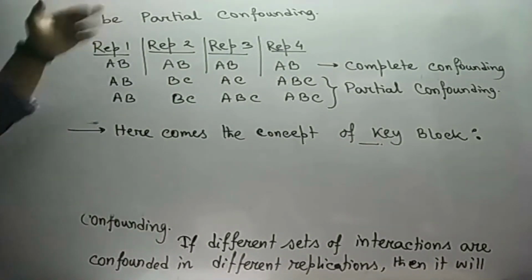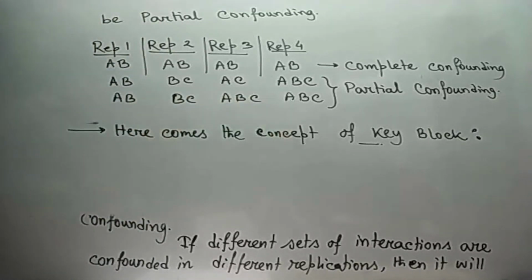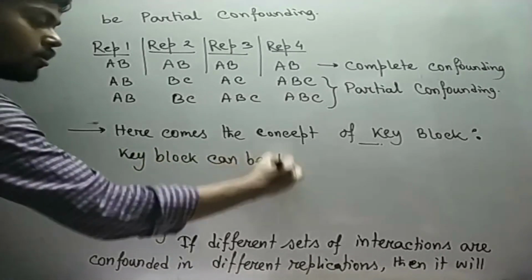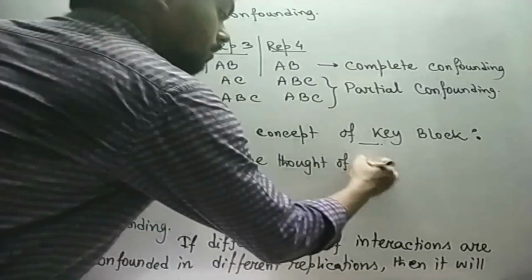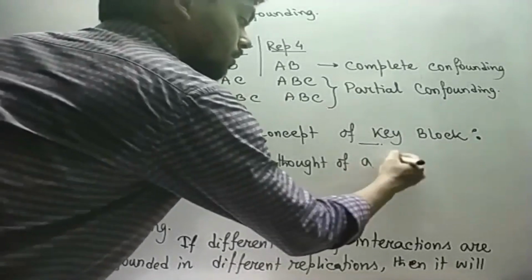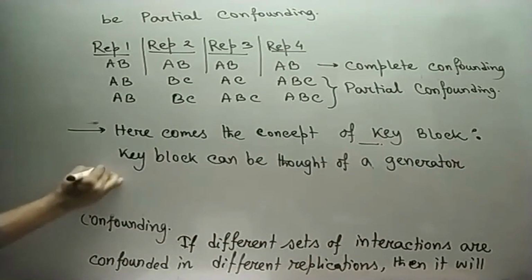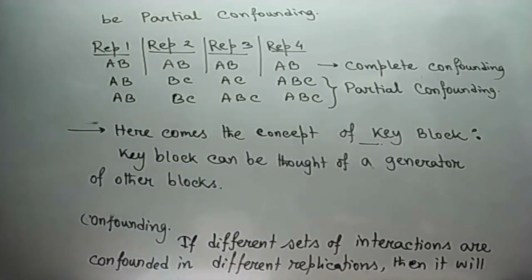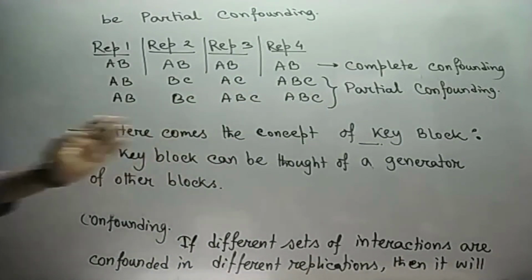To do complete and partial confounding, we just have to understand what a key block is and how we can construct it. So first of all, a key block can be thought of as a generator of other blocks. That's why it is called a key block, or you can say principal block. Key block and principal block are both the same.